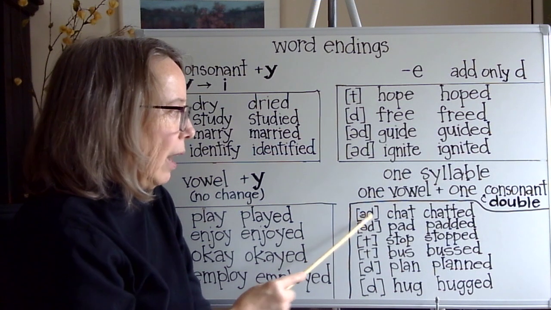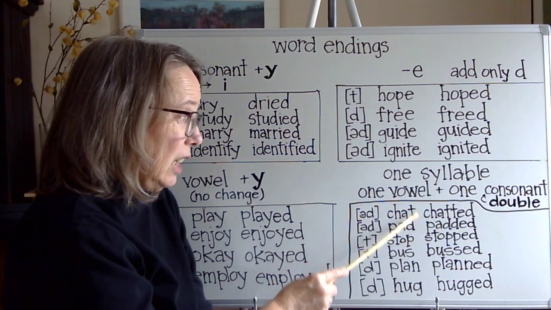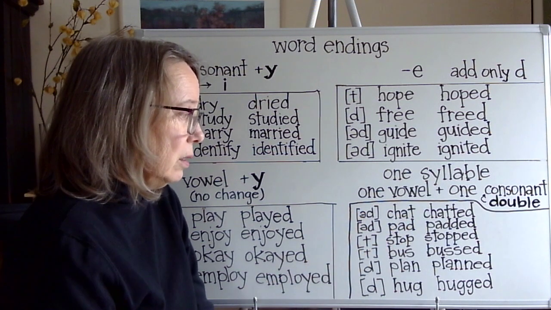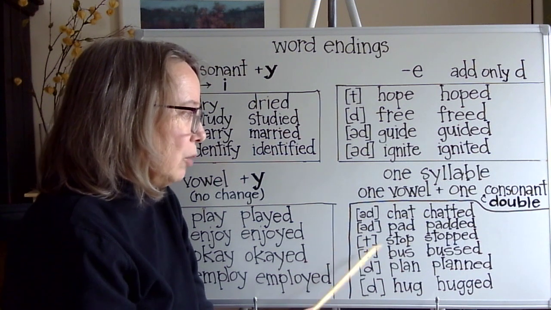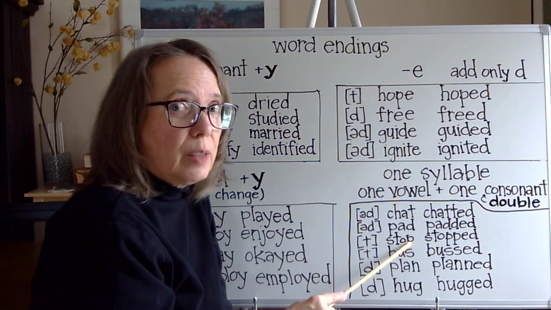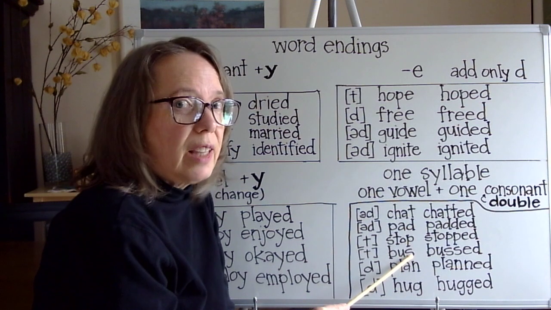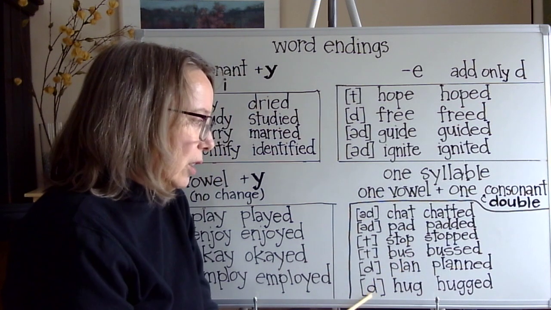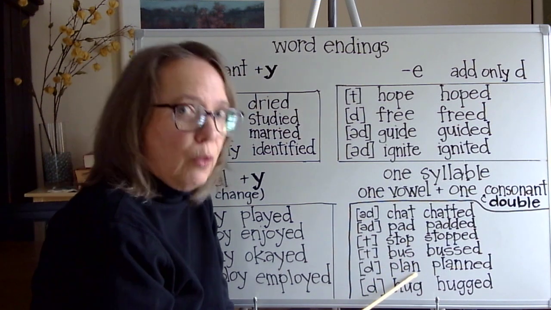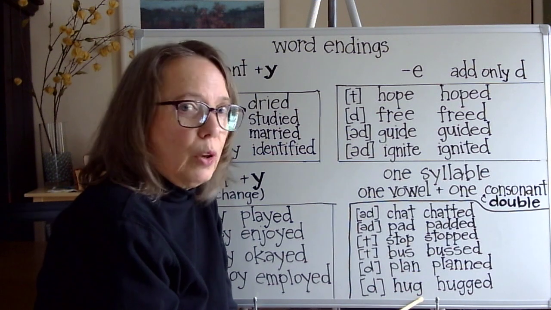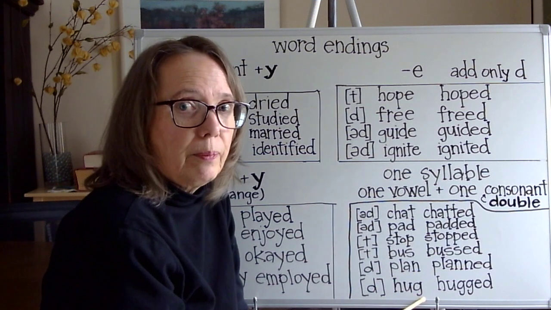Here we have the id because we have a T and we have a D. Here we have a T sound because we have a voiceless P, a voiceless S, and here we have the D sound because we have a voiced N and a voiced G.